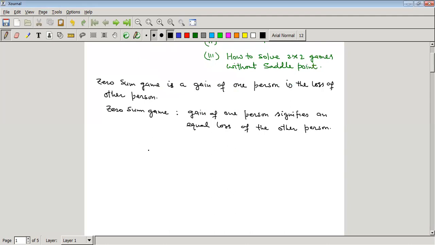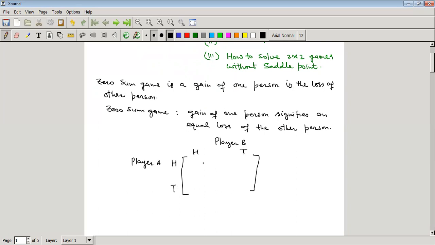So let us consider one game. Player A and player B, a coin is tossed. If A gets both heads, head and head, player A tosses a coin, player B tosses a coin.